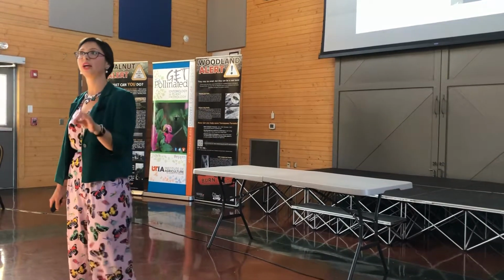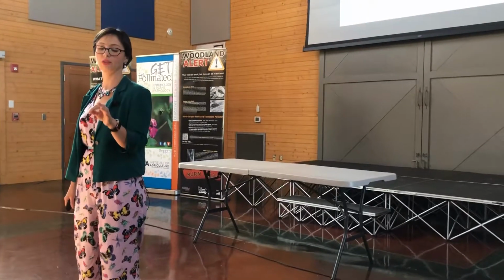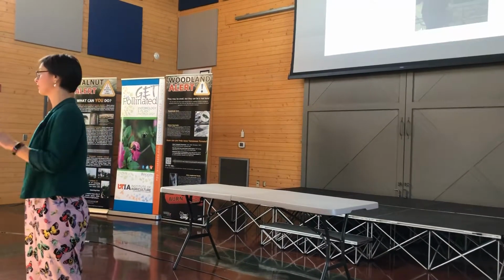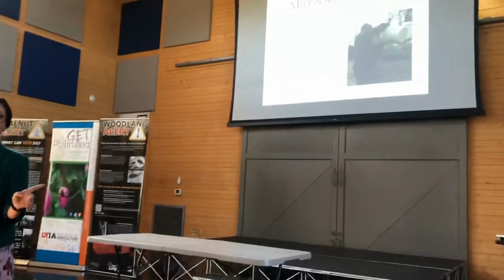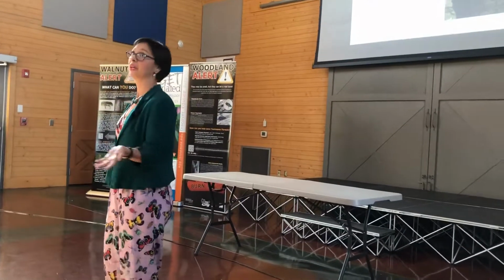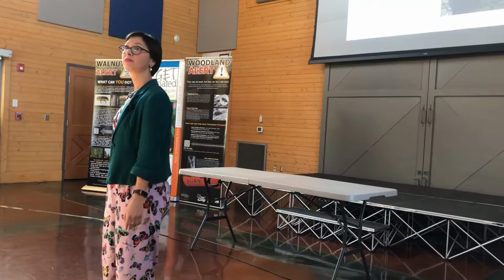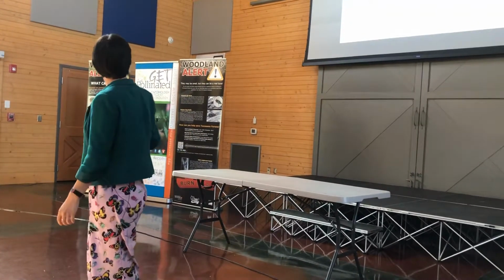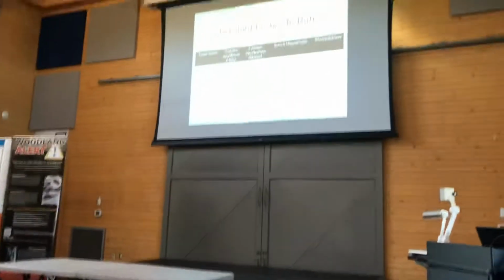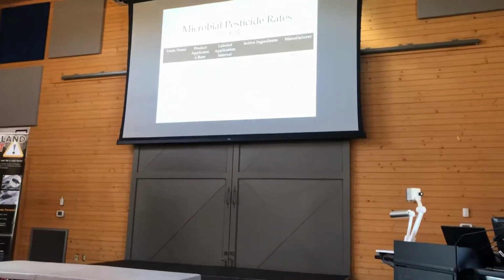And the reason why I used those fungicides is because you don't just have one pest in the greenhouse, you're going to have multiple pests like in any natural ecosystem, or even man-made ecosystem. So these are the microbial pesticides at the rates that they were suggested to be applied at.